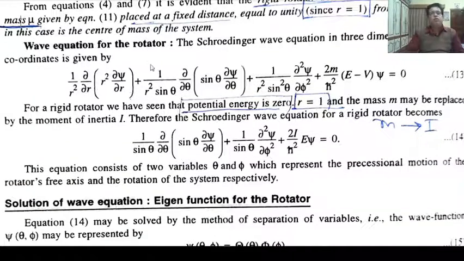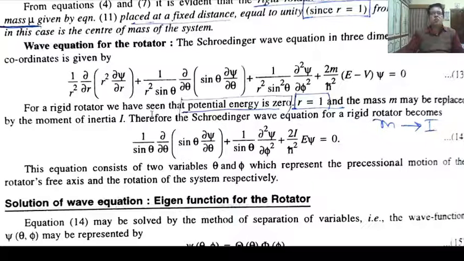Wave equation for the rotator. The Schrodinger wave equation in three dimensions in spherical coordinates is the equation which we wrote in the last video for a spherically symmetric potential. This is the same del square in terms of r, theta, phi, and this is the second term.